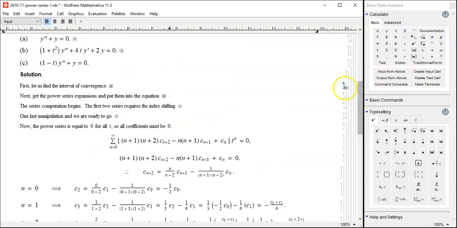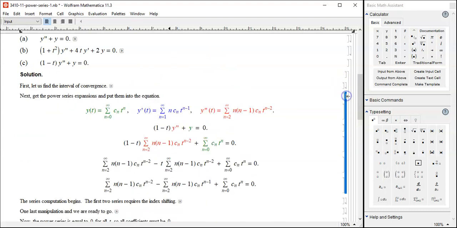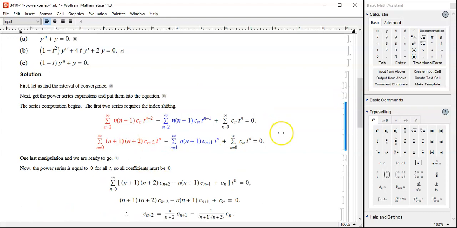There are many important steps here. Interval of convergence, okay, that's an important step. Simple, but important. Putting all those power series in, and then breaking off the parentheses to get this kind of expression, that's important. Index shifting is extremely important.